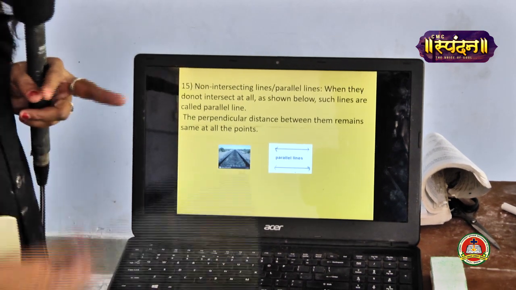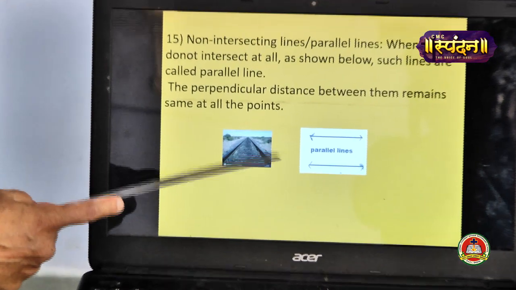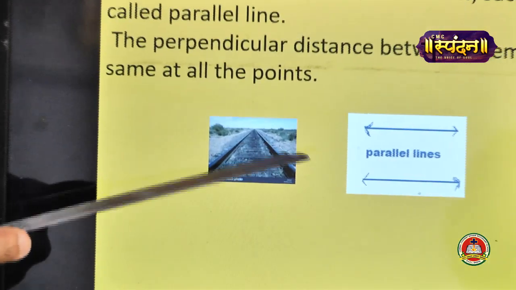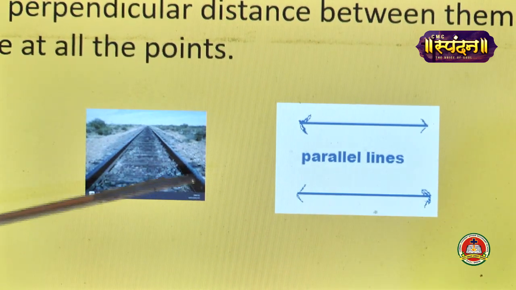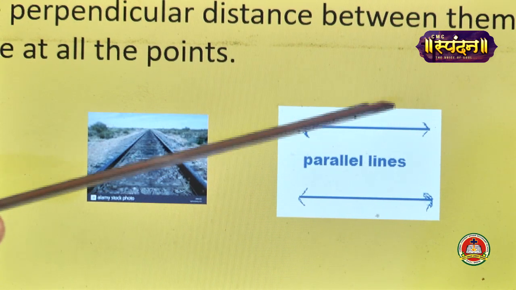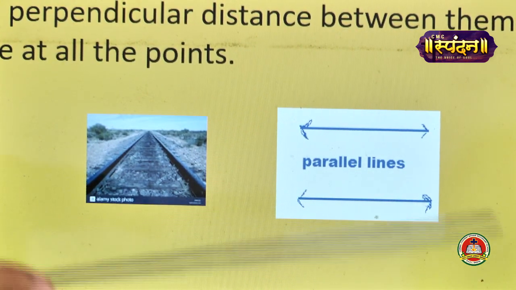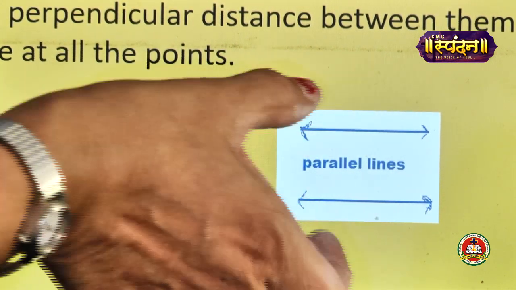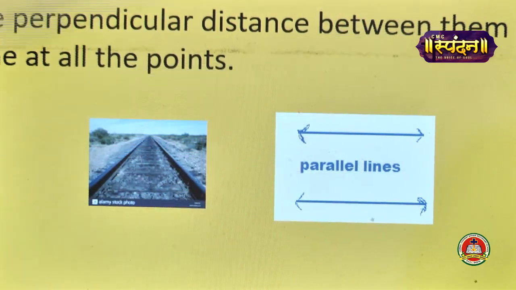So you call those two lines parallel lines. I have given an example of a railway track also. You are able to observe over here, these two lines are extending indefinitely and they are not at all meeting each other. So this is an example of parallel lines, and the distance between these parallel lines is always the same. Since they are extending indefinitely in both directions, the distance remains the same throughout.